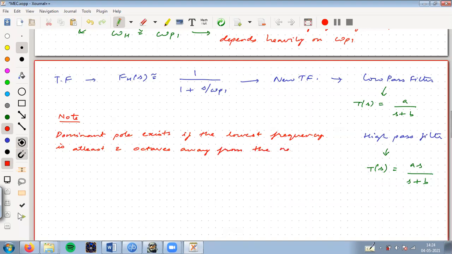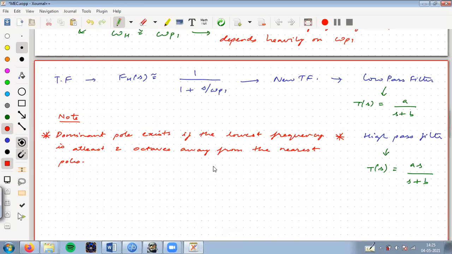This is an important point. 2 octaves means, 1 octave is 10 times the frequency. So it is at least 2 octaves away from the nearest pole. Then you consider that pole to be the dominant pole.